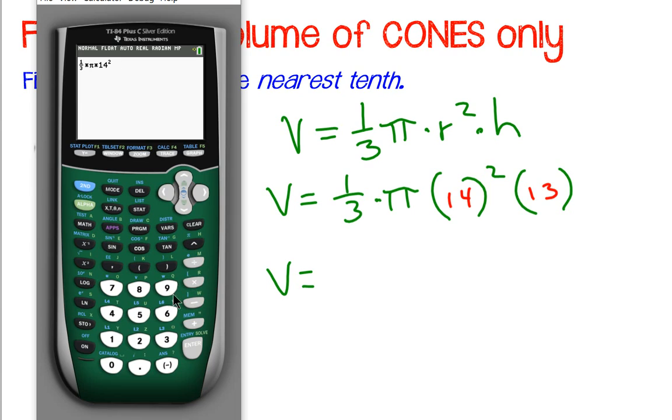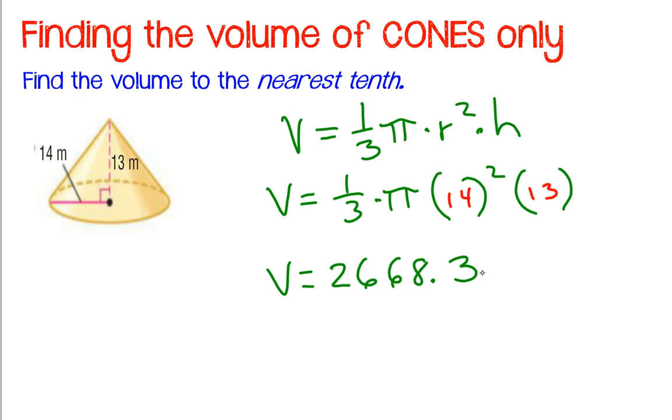And then I'm going to press times 13. See, that's the entire expression, all at one time. Press enter, and I'll get my final answer here. 2,668.259. So I'm going to round that to the nearest tenth, which would be 0.3. I believe the units were meters, so we will put meters cubed.